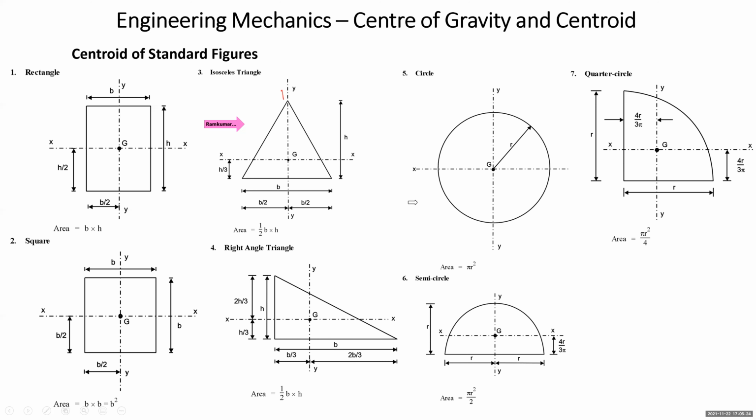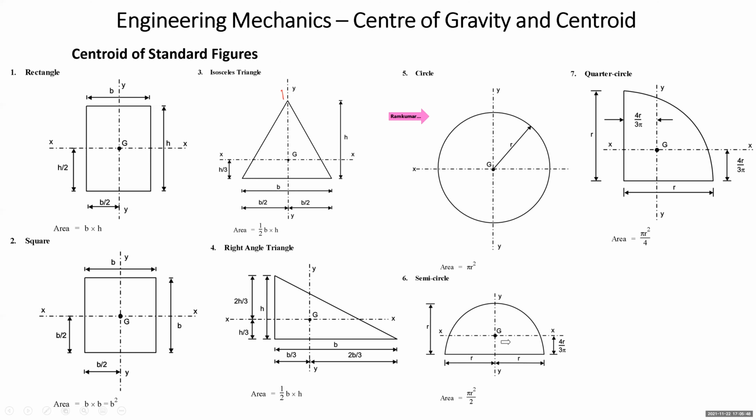Next standard figure is circle. Circle, obviously, the area is pi r square and center of circle is going to be its centroid. Now come to semicircle. In case of semicircle, one centroidal axis will be dividing it into two parts and the other centroidal axis will be at a distance of 4r upon 3 pi from the base. Derivation of this 4r upon 3 pi is again given in the book, which I'm not covering right now.